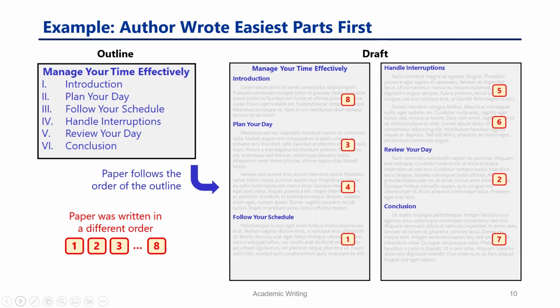The next section in the outline is follow your schedule, and the next section in the paper is follow your schedule, and so on. Then the last thing in the outline is conclusion, and the last section of the paper is conclusion. However, the writer chose to actually write the text of the paper in a different order.